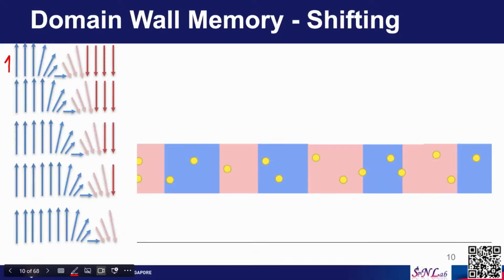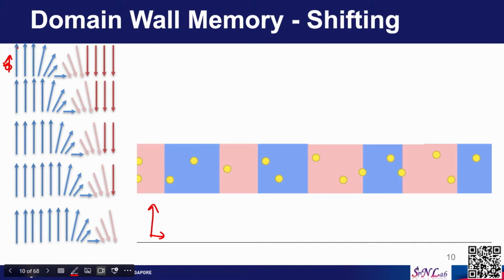Let us assume that there is one spin up electron entering from this side. This spin up electron is parallel to the magnetization, so there will be no transfer of torque. We learned that to transfer torque, the magnetization and the spin component have to be perpendicular. These two are perfectly parallel, so there will be no torque on this particular spin, and when this electron comes here, there will be no transfer of torque.